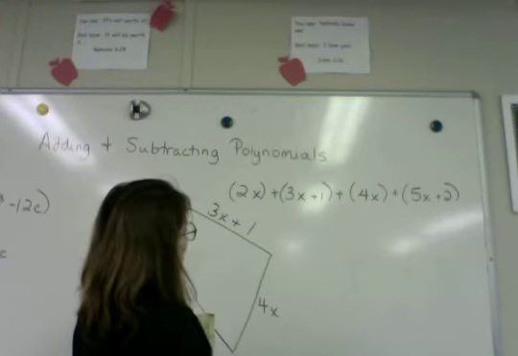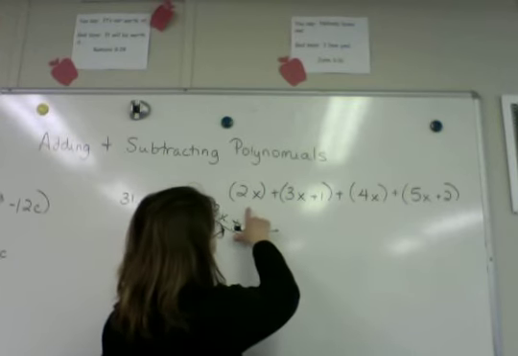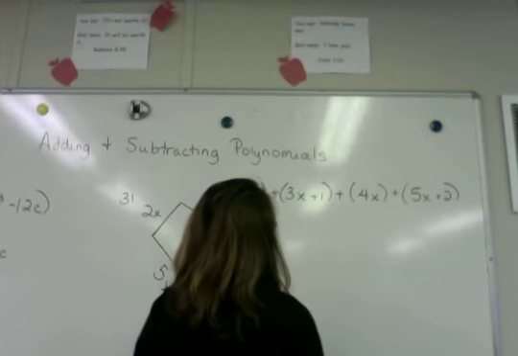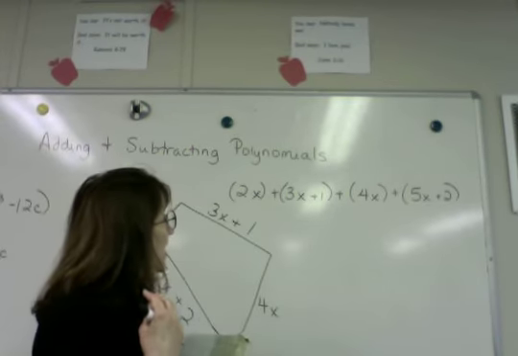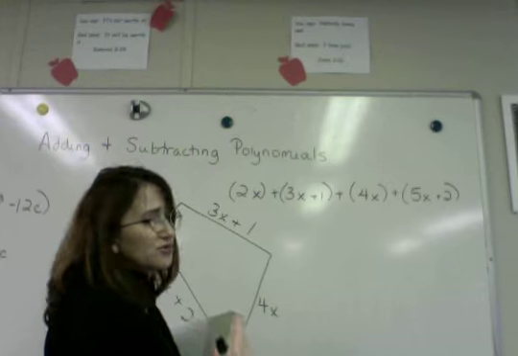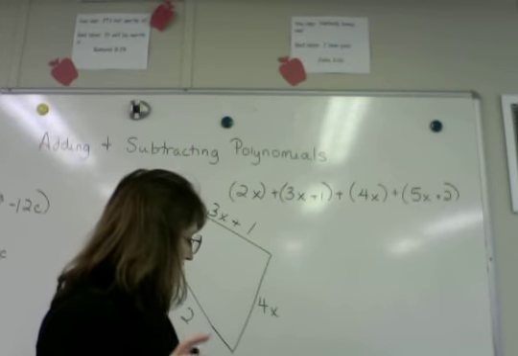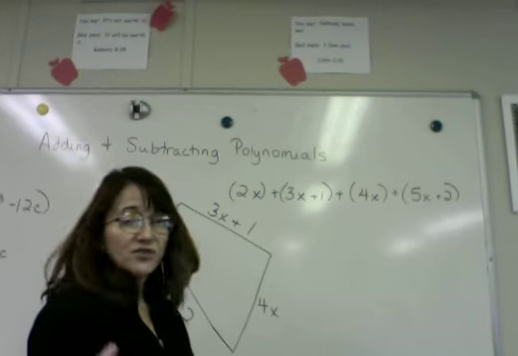So let's just go ahead and look at it. I'm going to add 2x plus 3x plus 4x plus 5x. And you all can do that however quickly you want in your brain. You are normally much better at adding and subtracting mentally than I am.